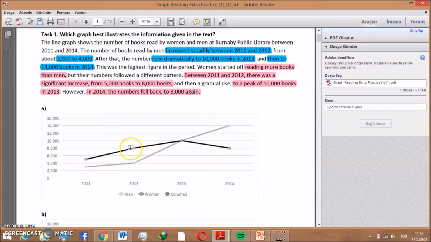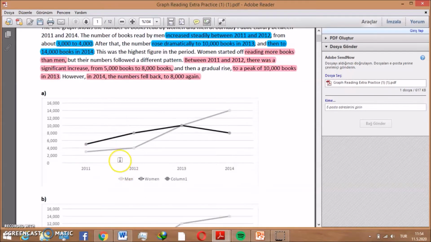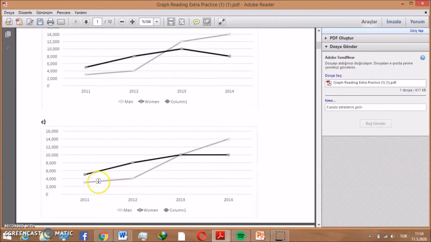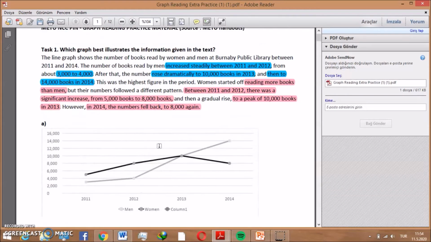So this is, for example, increasing steadily between this state and this state. So we need to check. Men is the light colored line. Does it increase steadily? Yes, it is increasing steadily in this one too, and in this one too. So that's okay. We checked it and it is correct.